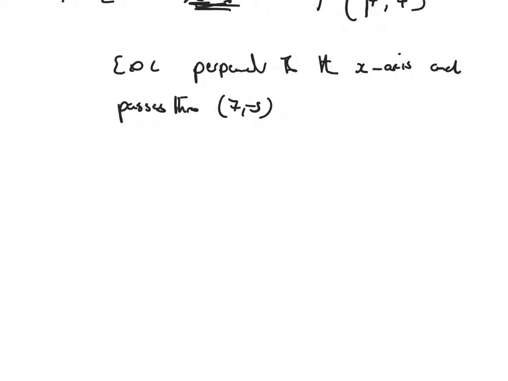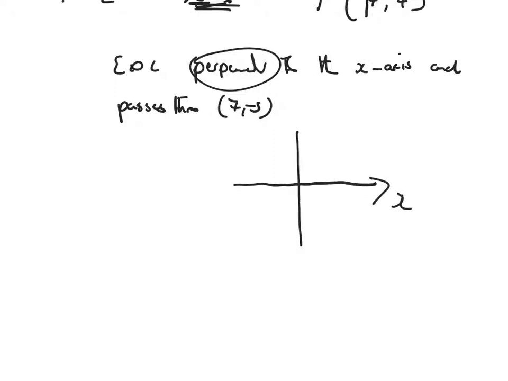Okay, so the line is perpendicular to the x-axis, so there's a representation of the x-axis. Perpendicular to that must be a vertical line. So a vertical line means it's got the equation x equals, and to check the x coordinate for the point in which it passes through, that's 7, and the equation of the line is x equals 7.